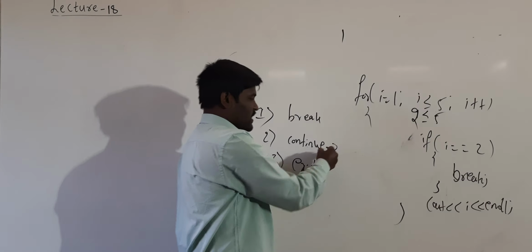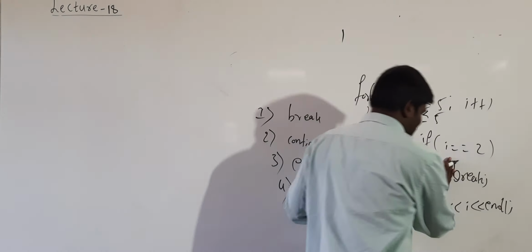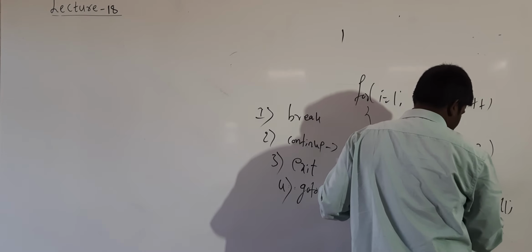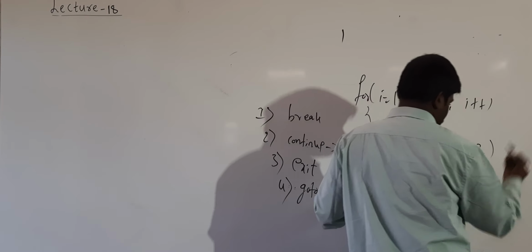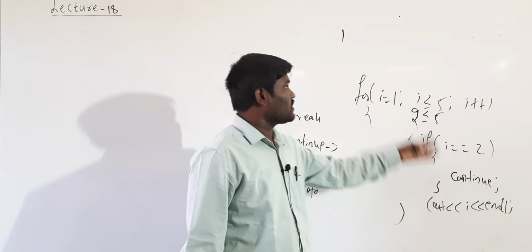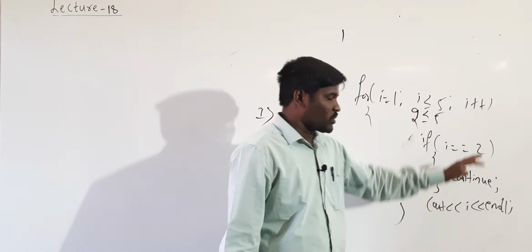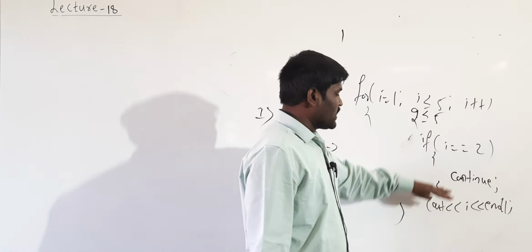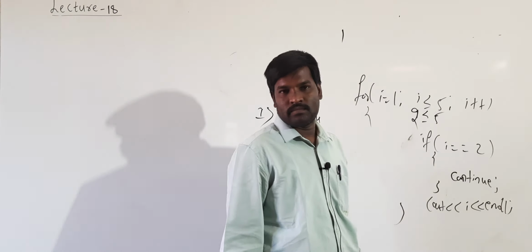Second one is continue. Instead of writing break, I can write continue. See here, again, first it will check 2 is equal to 2. Continue means it will skip the remaining part.